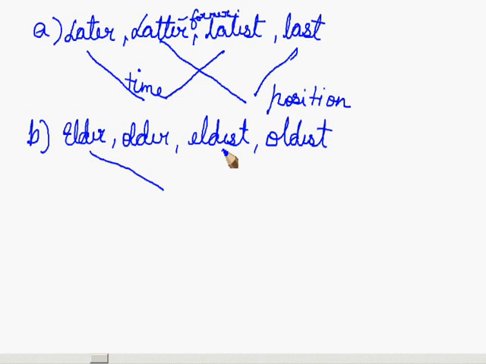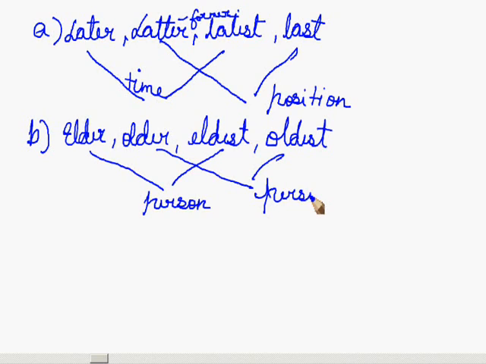Elder and eldest are used only for persons, not of animals or things, and are now confined to members of the same family. Older and oldest are used with both persons as well as things.